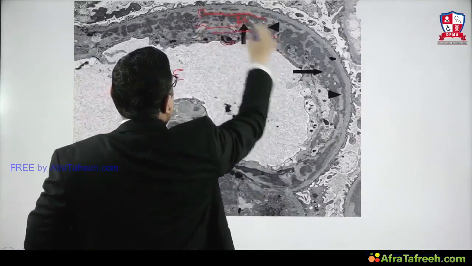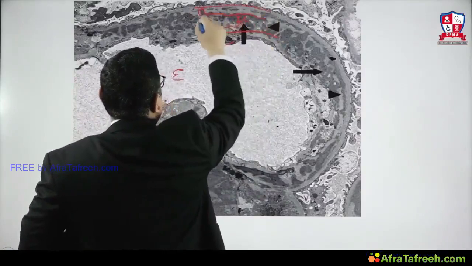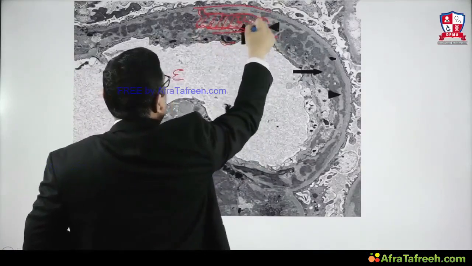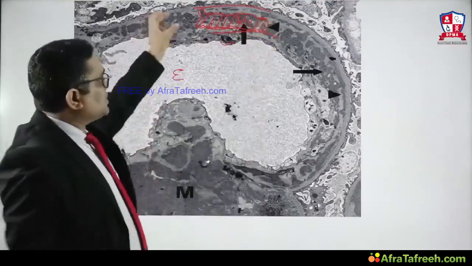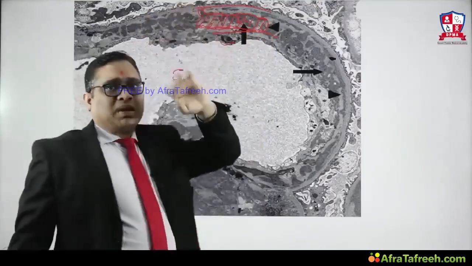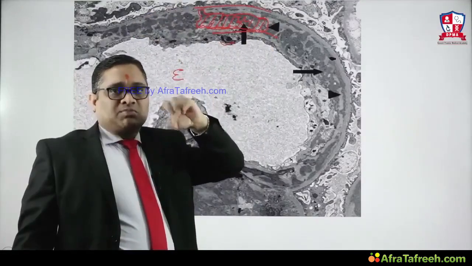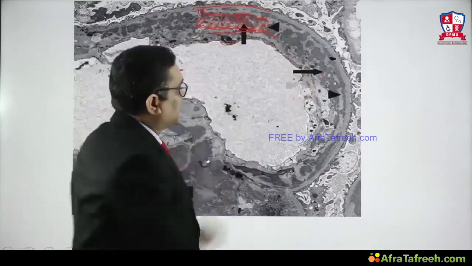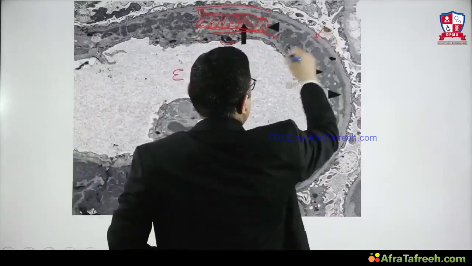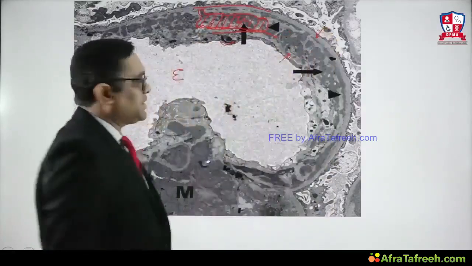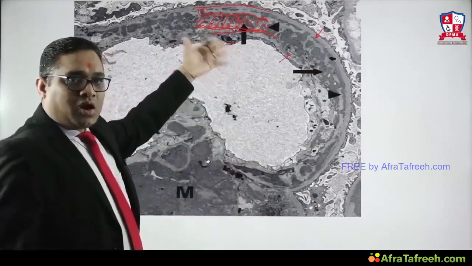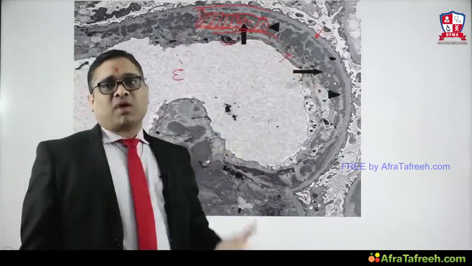Because of this immune complex deposit, we are seeing as if there is a duplication, or a split, or two contours, or tram track. Can you see the beautiful tram track appearance? Tram track appearance, splitting or duplication of the basement membrane are all findings of MPGN.